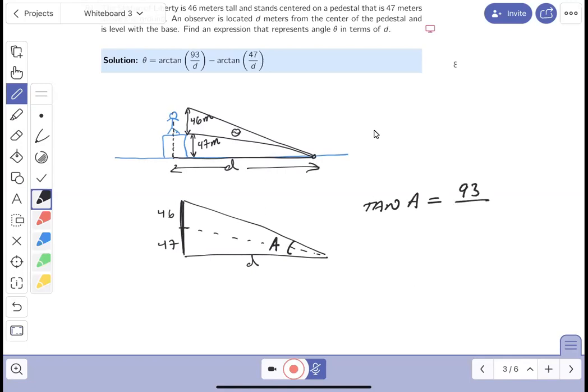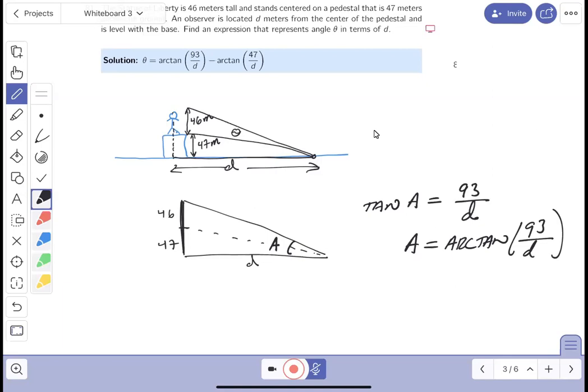And that's in meters over d. So what's the angle A equal to? Arctan of 93 over d. That's that big angle A.